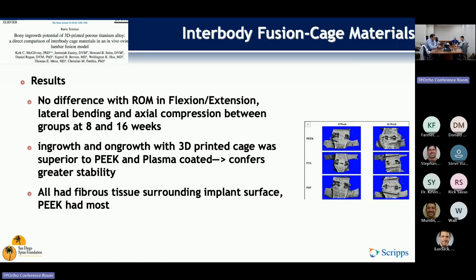They found there's no difference in the range of motion with flexion, extension, or lateral bending in the different groups at 16 weeks. They found that the ingrowth and the ongrowth with the 3D cage was superior to the PEEK, which theoretically confers more stability. As mentioned earlier, they all have fibrous tissue surrounding the implant somewhat, but PEEK had a little bit more than the others.